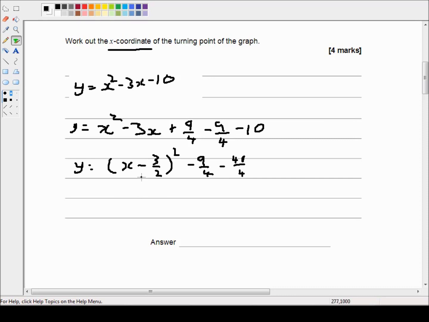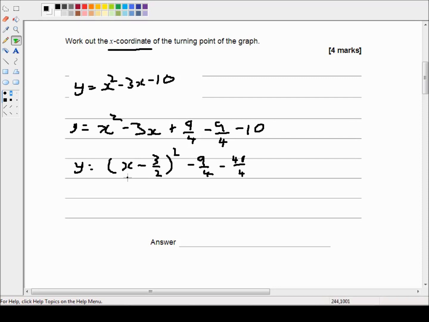So the minimum point is now where x minus 3 over 2 is 0, because 0 squared is 0. If we make x such that whatever's in the brackets is a negative number, then when it squares it becomes a positive number, so we'll still be going up.